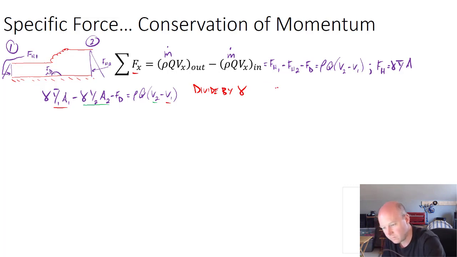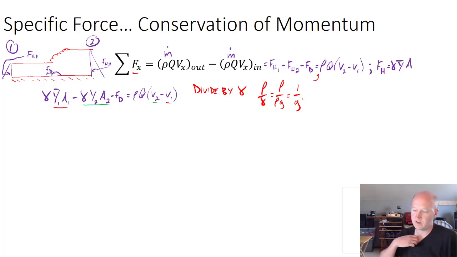And so if we look at density divided by the unit weight, that is really just the density divided by the density times gravity. So it's going to be 1 over g if we take rho over gamma. What that does is it gets the density out. Nobody uses slugs, and so that's kind of the goal there.